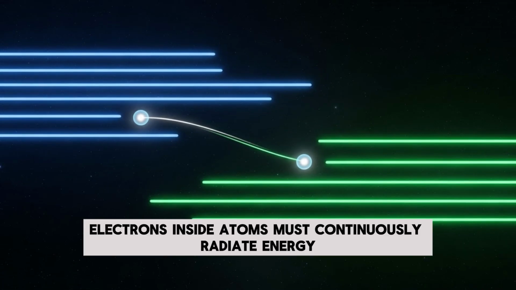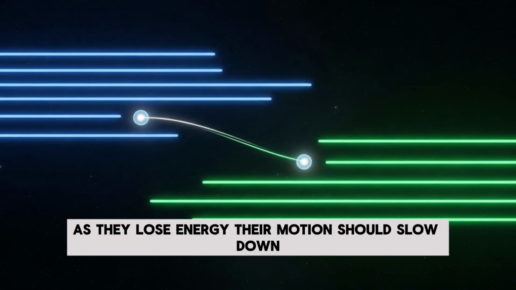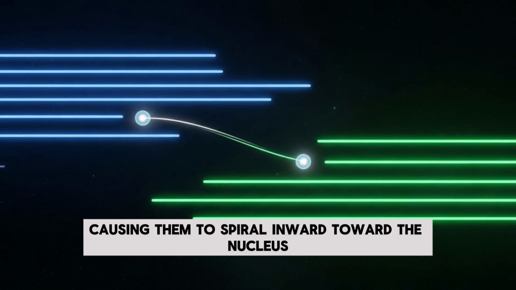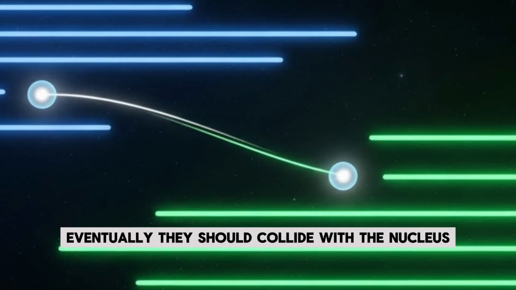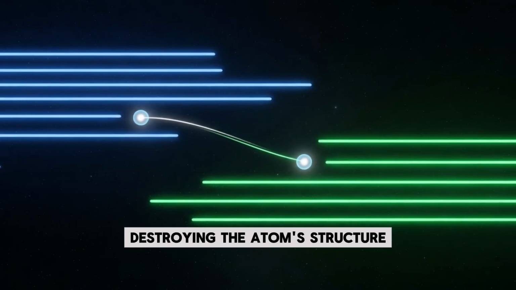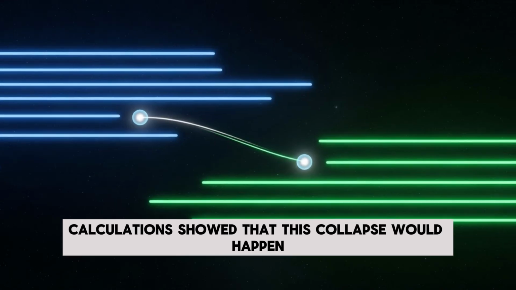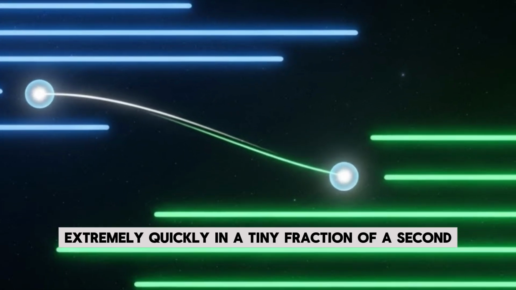Electrons inside atoms must continuously radiate energy. As they lose energy, their motion should slow down, causing them to spiral inward toward the nucleus. Eventually, they should collide with the nucleus, destroying the atom's structure. Calculations showed that this collapse would happen extremely quickly, in a tiny fraction of a second.